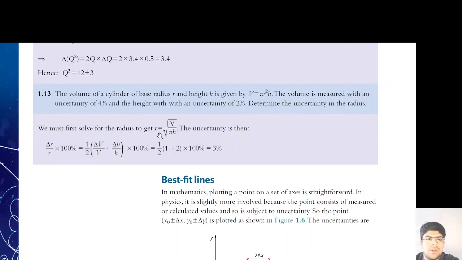We must first solve for the radius to get r equals root over V over pi h. The uncertainty is then delta r over r into 100% equals half into delta V over V plus delta h over h into 100%, which equals 1 by 2 times, in the brackets, 4 plus 2, into 100%, which equals 3%.